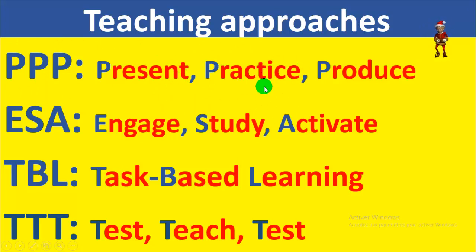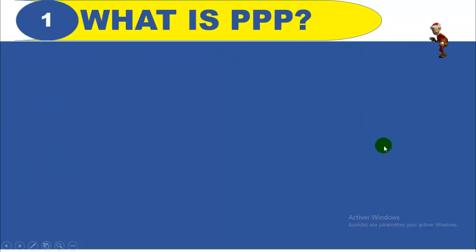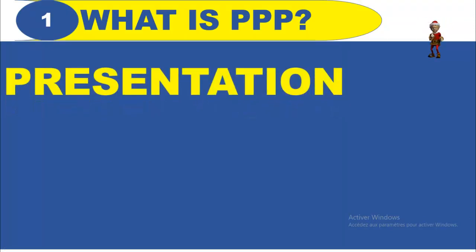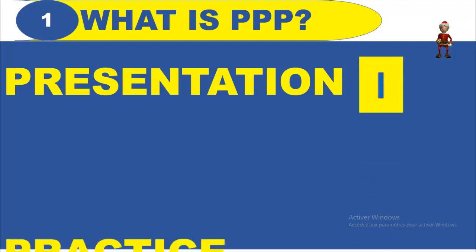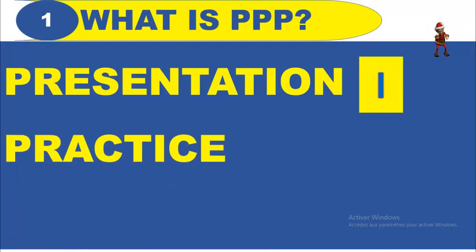Present, practice and produce. What is PPP lesson planning? What does it mean? First of all, the teacher comes to class and presents something. I am the teacher, I speak, I present something. Second phase, teacher practices with students.